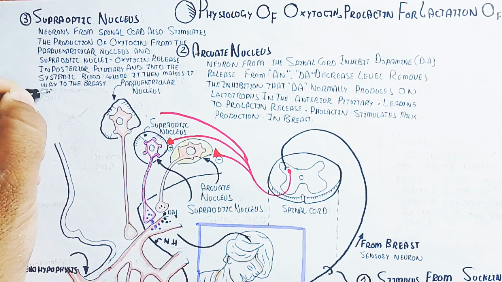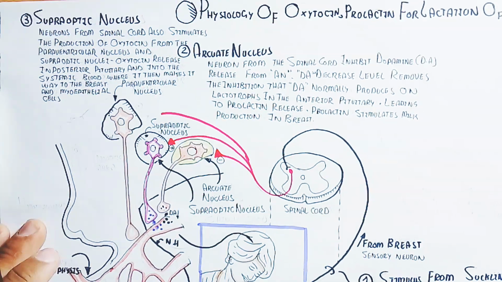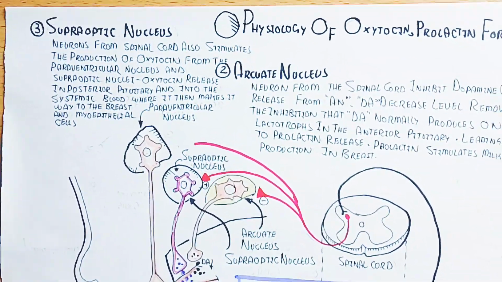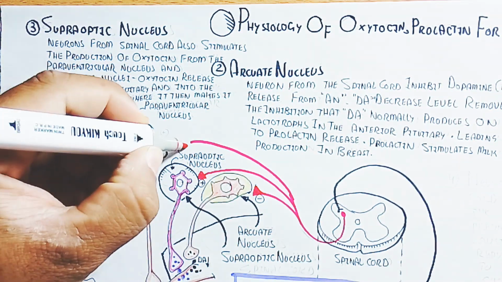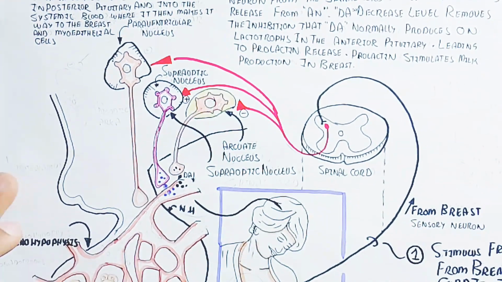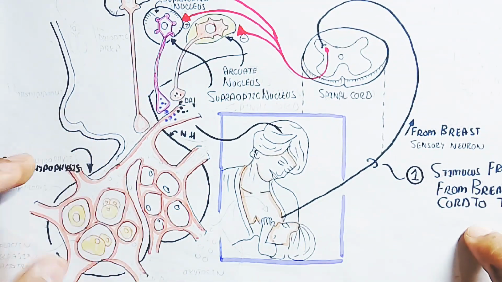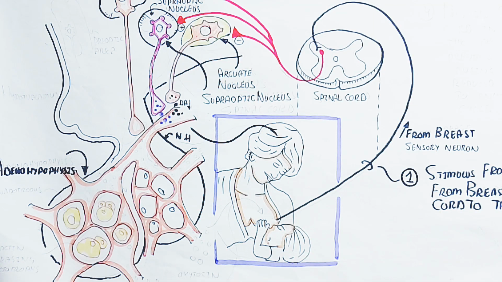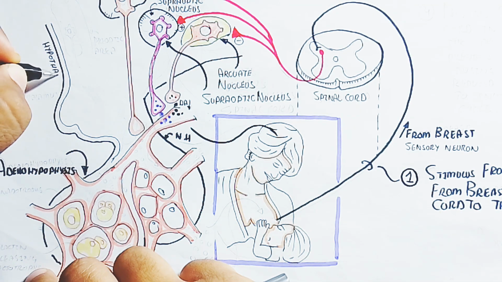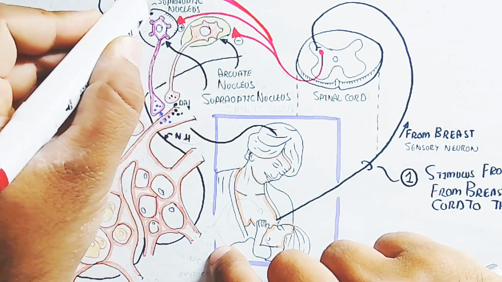An important thing you need to understand is the positive feedback toward the paraventricular nuclei. This paraventricular nuclei is important for the production of oxytocin, and in this way it is also important for the positive feedback. A preoptic nuclei is also present in the hypothalamus.